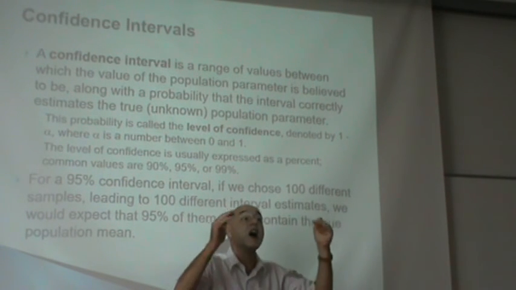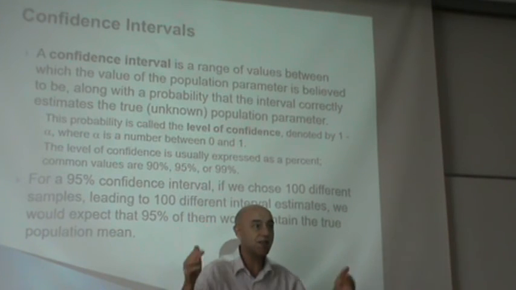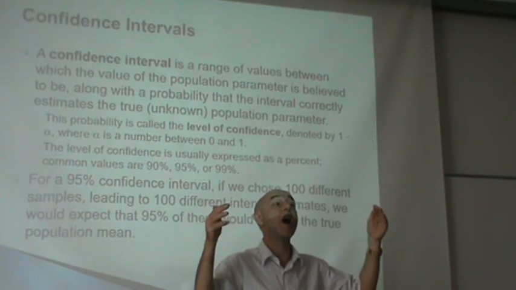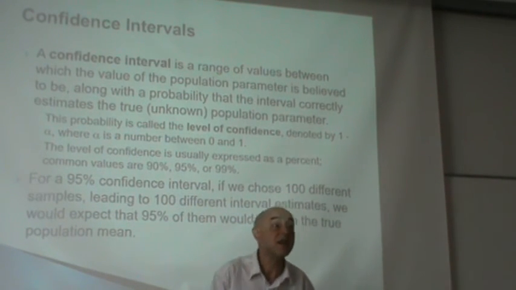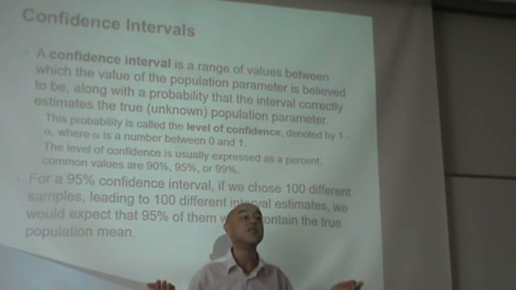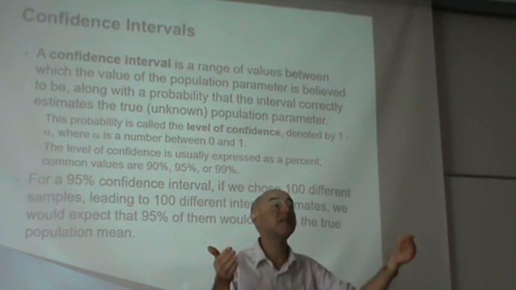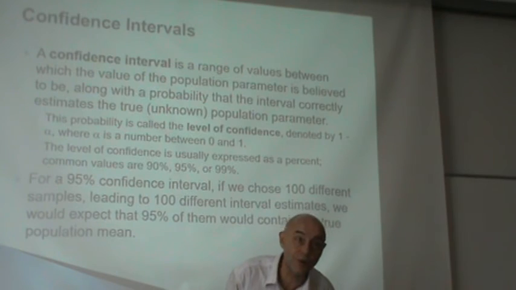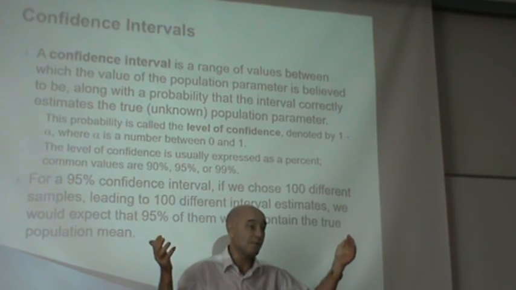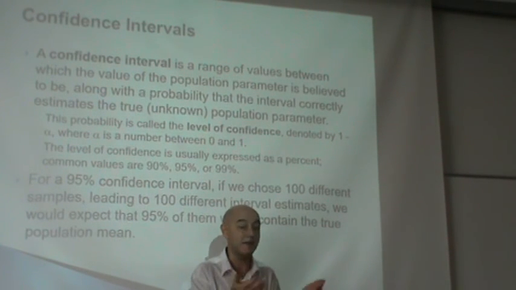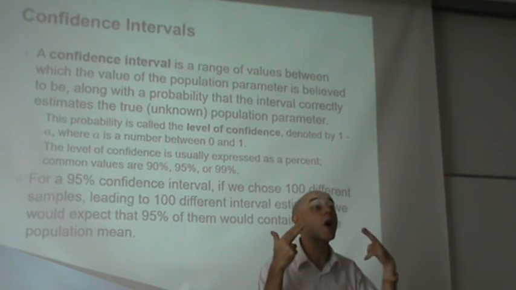Of course, higher probability means higher confidence, which is better. 95% probability is better than 68%, and of course 99% probability is a lot better than 95%. Obviously, that's common sense.